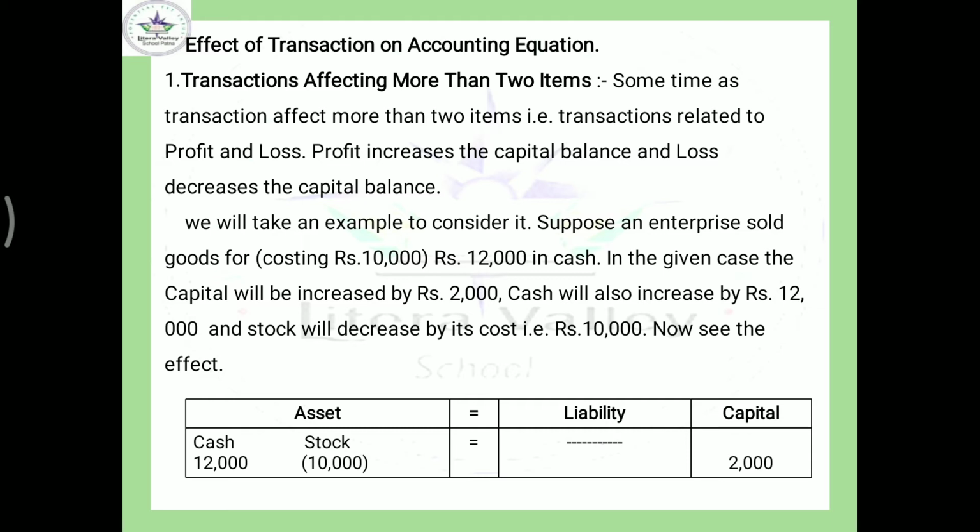Sometimes transactions appear in books that are going to affect more than two items. Suppose a firm has sold goods.